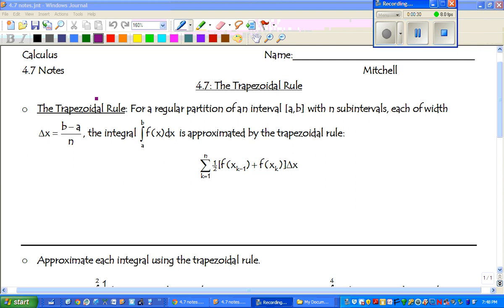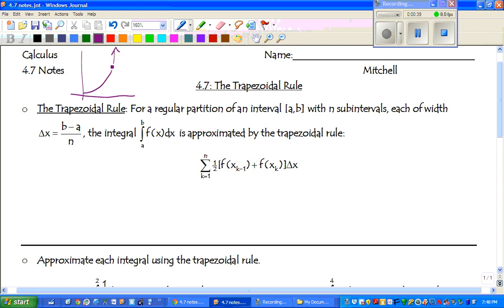So like I was saying, this ties in with some stuff we did way back when. Remember when we had that problem where we were trying to find the area under the parabola y equals x squared from 0 to 4? We did it a few times, approximating it a few different ways, but we started off by using rectangles.